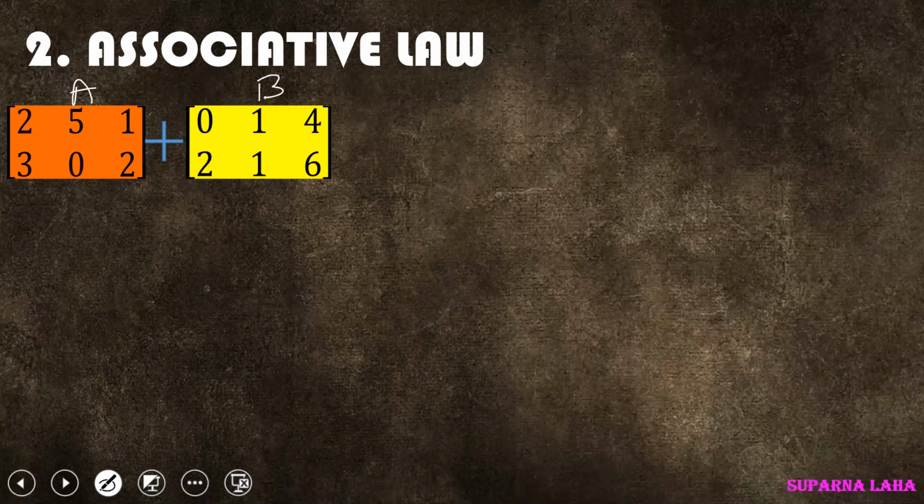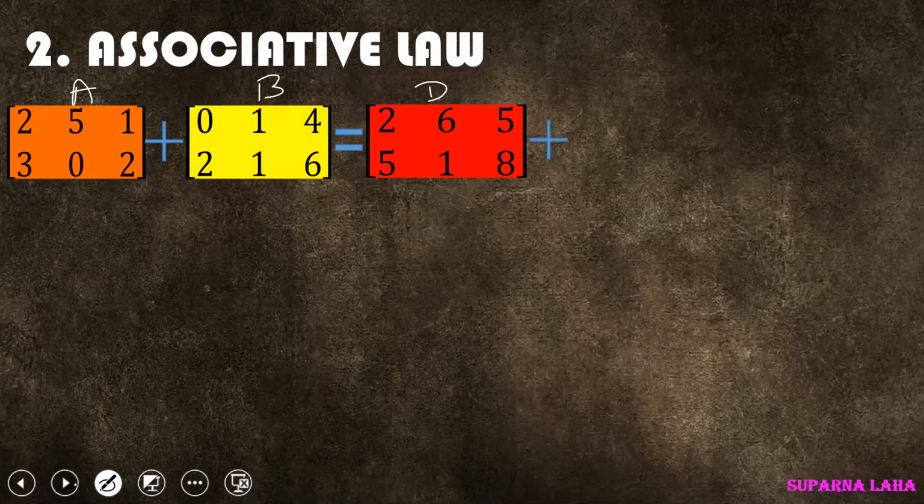B also has the same order and is given by 0, 1, 4, 2, 1, 6. If we add them, you will find another matrix, which is 2, 6, 5, 5, 1, 8. Definitely it is also of the same order, 2 cross 3. Now name it D. Now with D, add another matrix C: 2, 1, 2, 0, 2, 1.